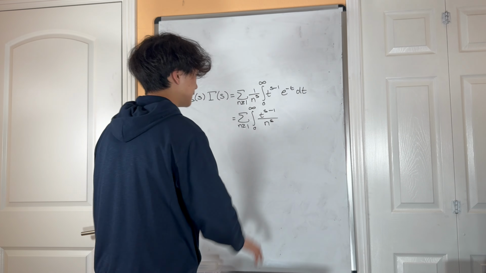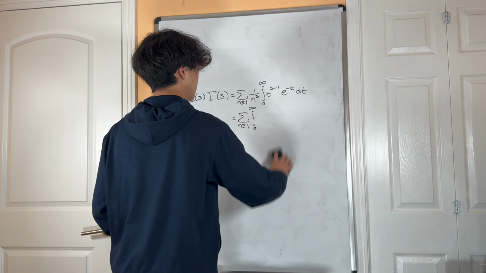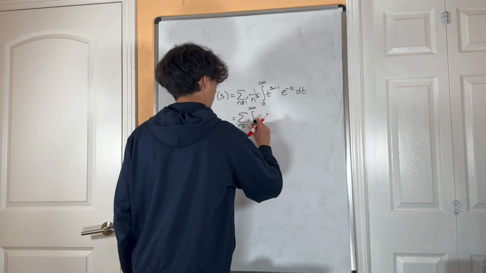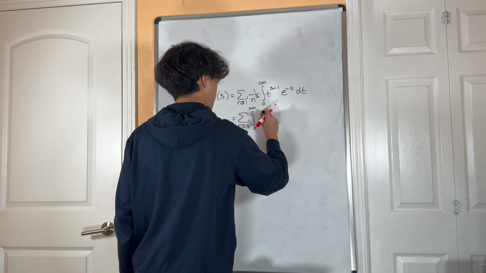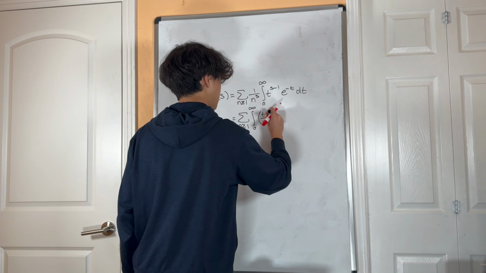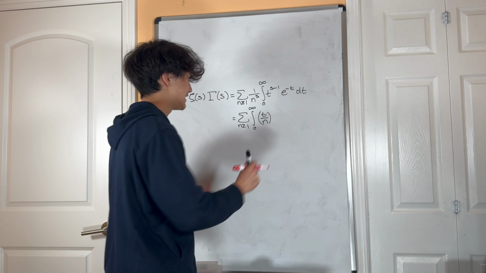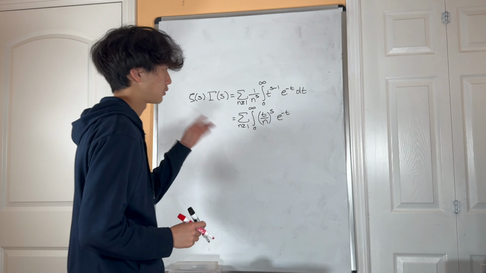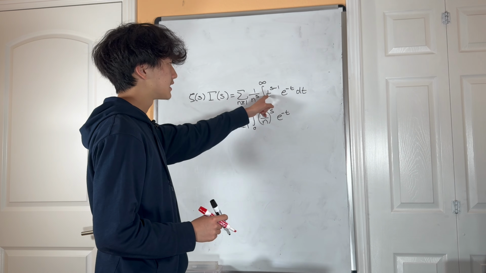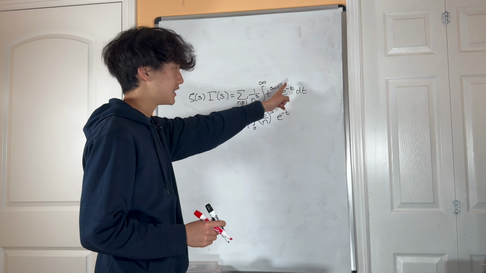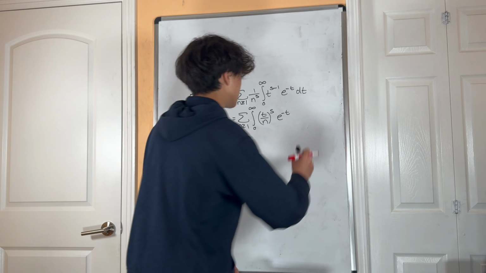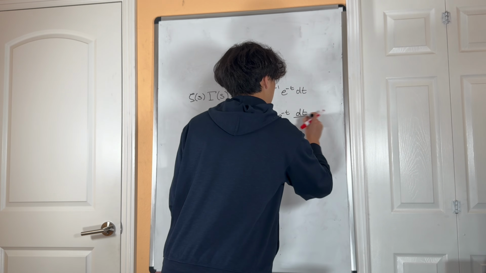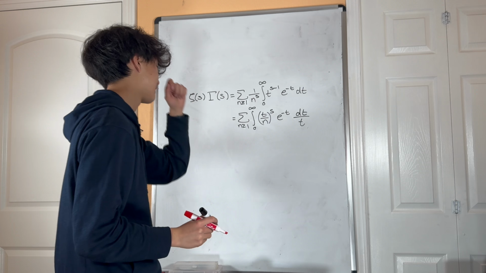We can actually combine the two. Just combining the bases, we get t over n all to the s, e to the negative t dt. Except for one problem. Remember that the t has this negative 1 in the power, so let's just multiply that on the side. dt, and then over t, so that can just be t to the negative 1.